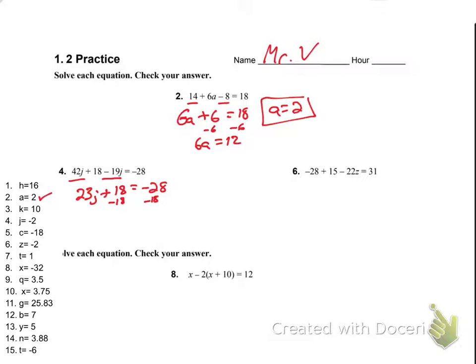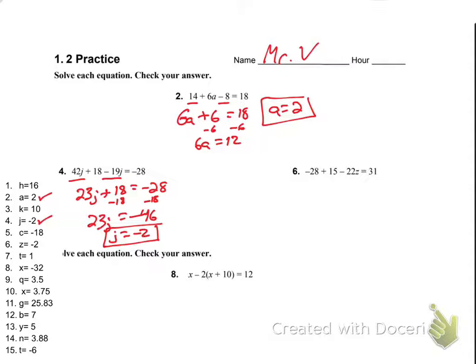So negative 28 minus 18 is negative 46. So 23j is equal to negative 46. And then I'll divide by 23 on each side to get j alone. And I'll end up with j is equal to negative 2. Check my answer, and I'm good to go.